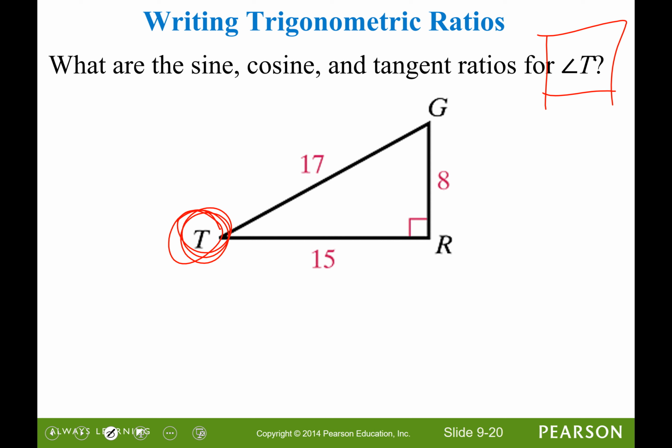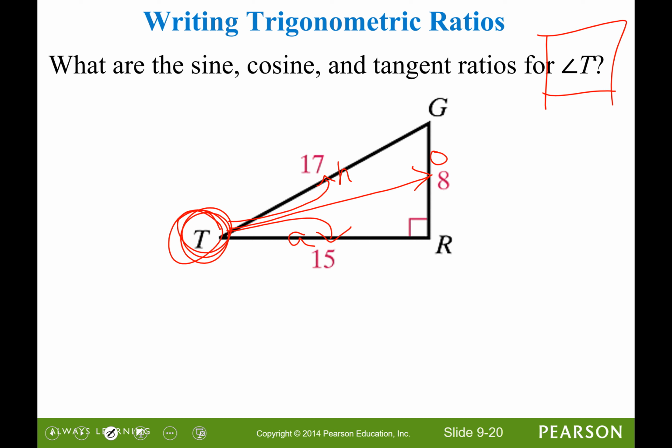I am going to go ahead and draw three arrows, and I'm going to label those with H, A, and O. This is the hypotenuse. This is the side adjacent to it. And this is the side opposite of angle T, of course.